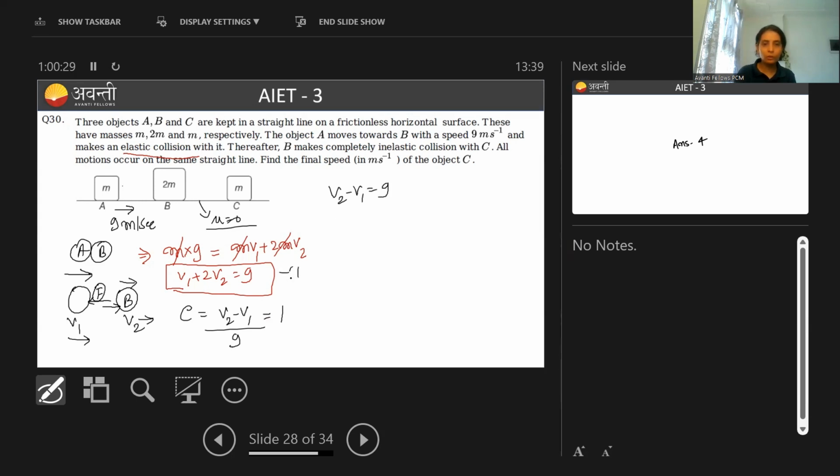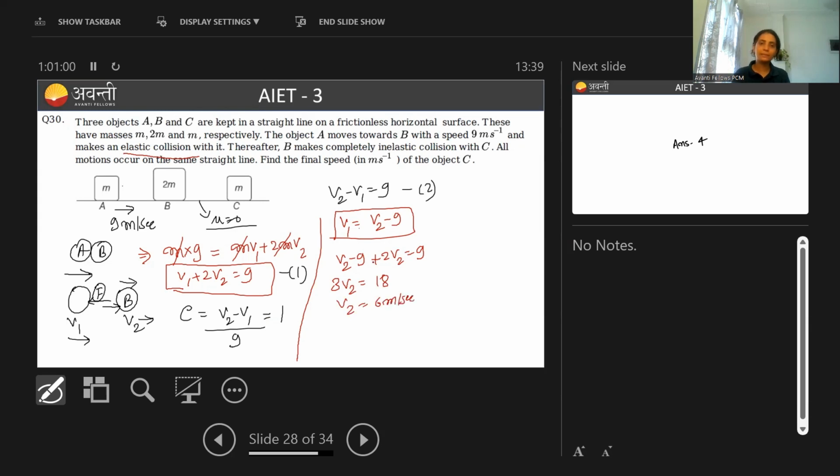So solve equation 1 and 2. If you solve it, v1 can be written as v2 minus 9. Put this value in equation 1: v2 minus 9 plus 2v2 equal to 9. So this is 3v2 equal to 18, v2 equal to 6 meters per second.